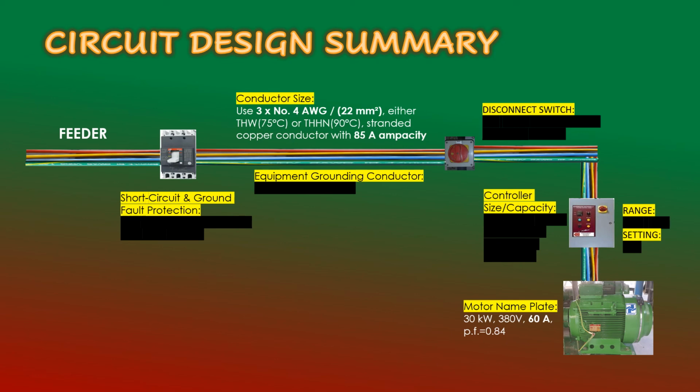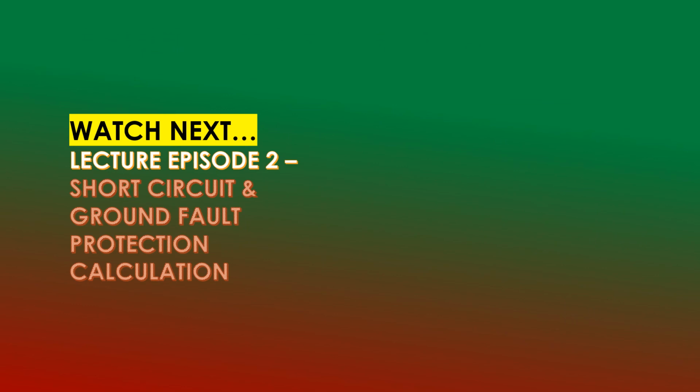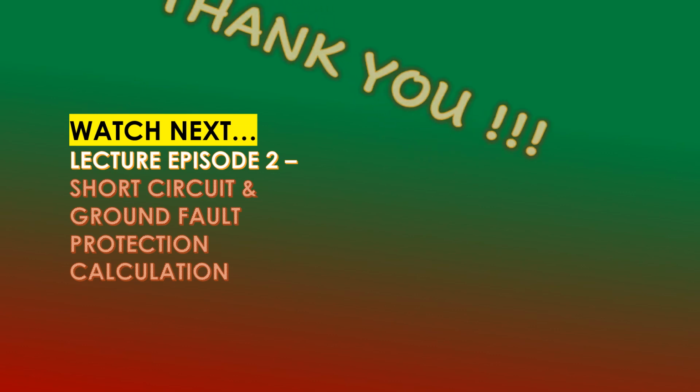So now we have calculated only the conductor size because this episode is only for conductor size. Okay, so what's next? Because lecture episode number 2 is about short circuit and ground fault protection calculation. So we will know how to calculate the circuit breaker. We have done for the conductor.